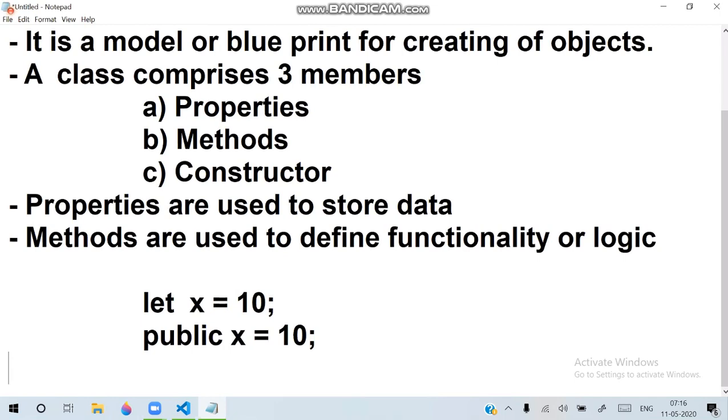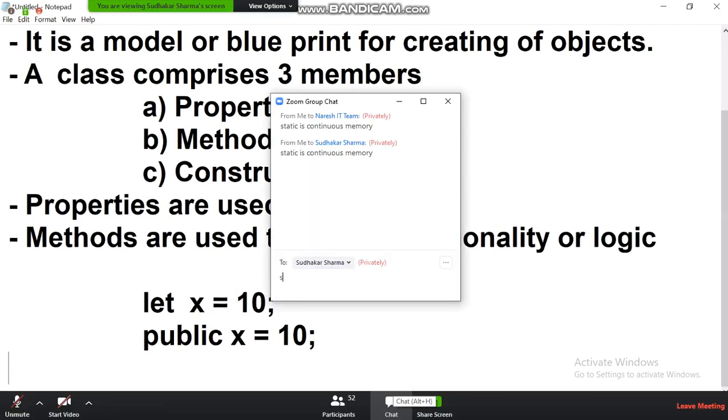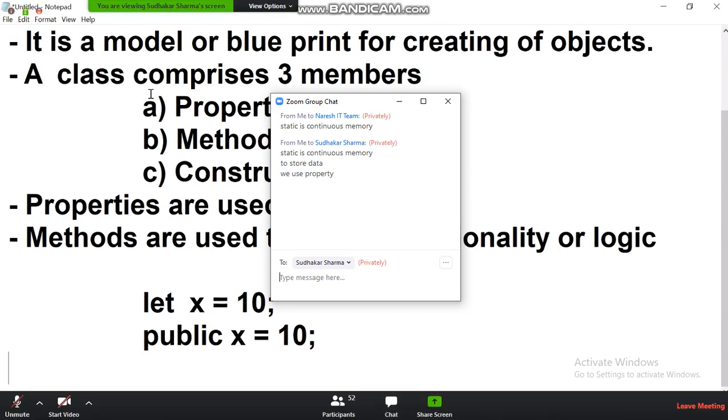So let x equal to 10 is a variable and public x equal to 10 is a property. Can anyone tell the difference between a variable and a property? Anyone have an idea?